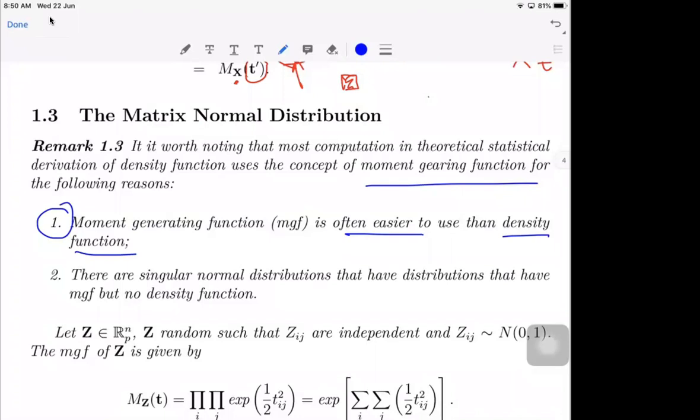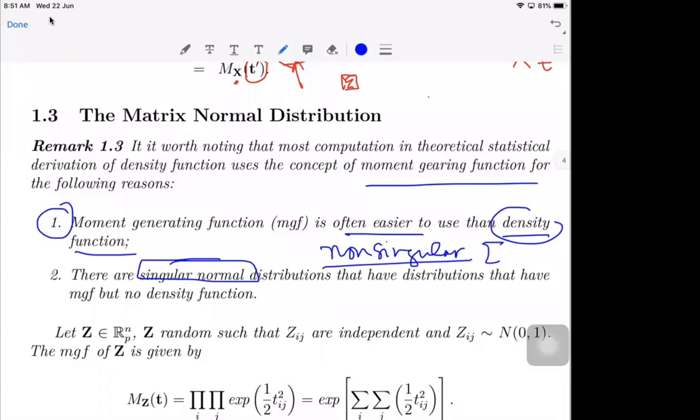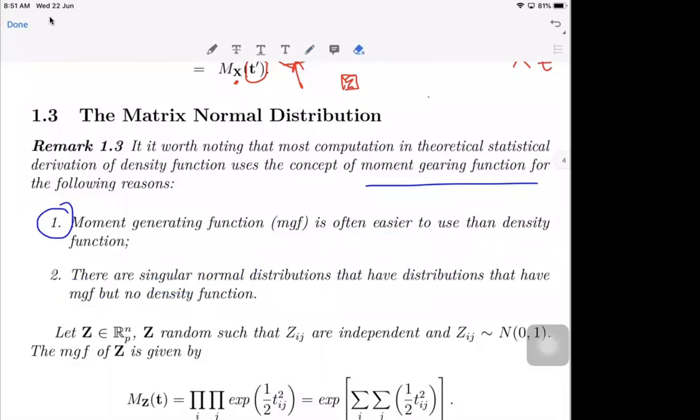And the density function, if you recall, only exists, or is easier, if the matrix, the sigma there, is non-singular, but there are singular normal distributions that have an MGF but have no density function.